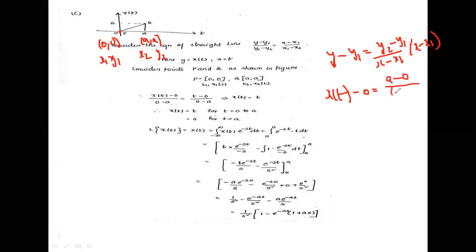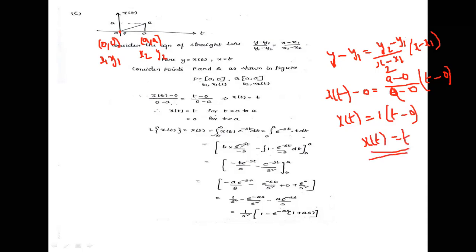The t value. The t minus x1 which is 0. Not x1, it is x2, my dear students. x2 is also a. And now here it is x, t minus x1 which is 0. So x of t is equal to a by a is 1, 1 into t minus 0. So x of t is equal to t.